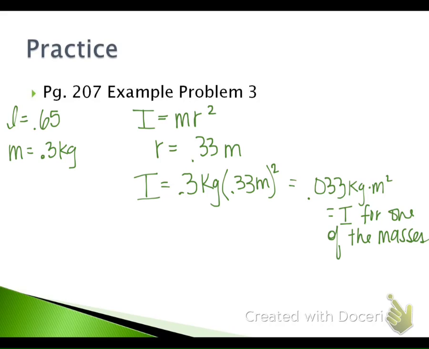We're going to take I equals 2 times I of our single mass. So if we want to solve for moment of inertia of the entire baton, we're going to take 2 times 0.033, and we get 0.066 kilogram meters squared.